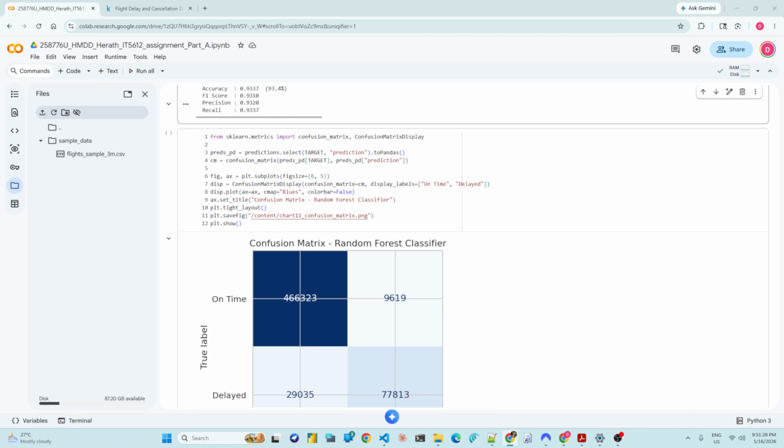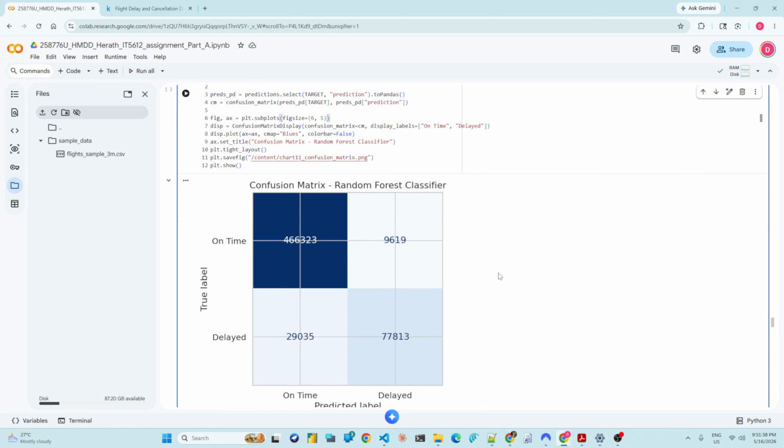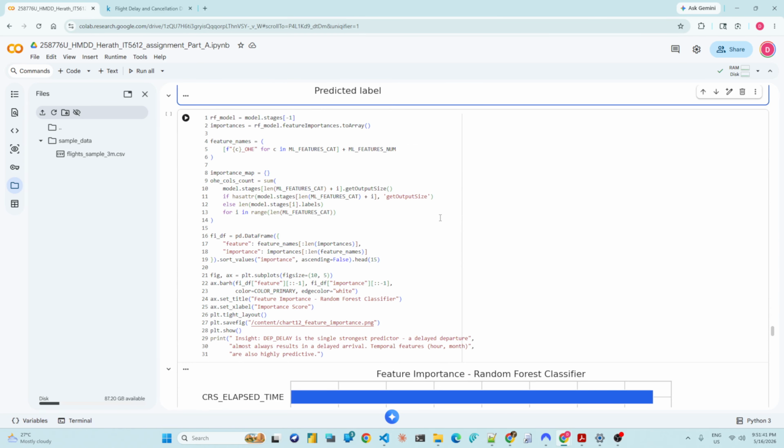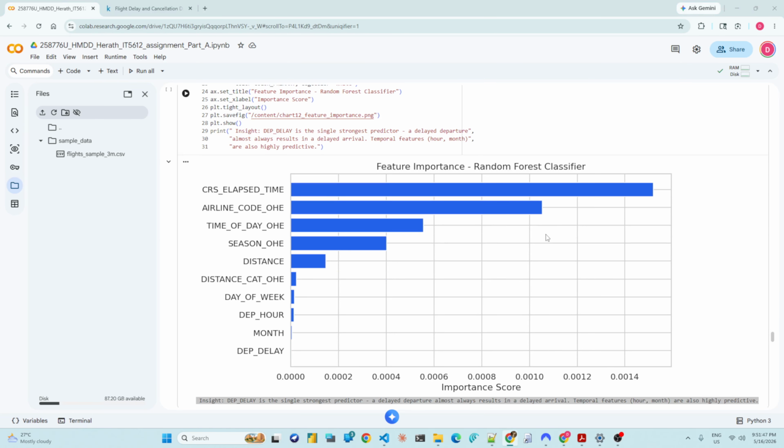So I converted the Spark prediction to pandas and used scikit-learn to plot the confusion matrix. Then the feature importance part. The horizontal bar chart shows the importance assigned to each feature by the trained random forest model. So departure delay is by far the strongest predictor.